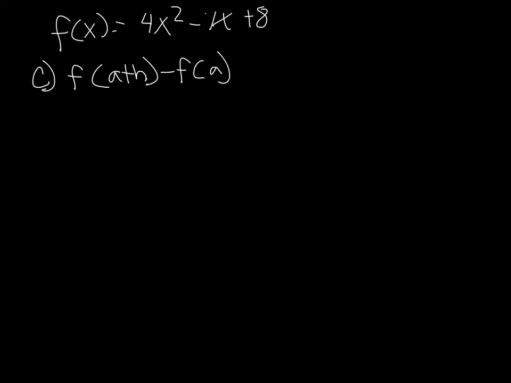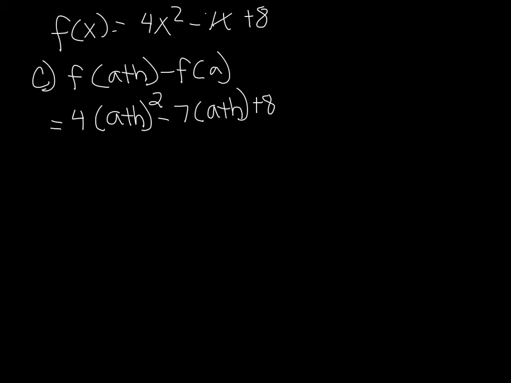Okay, so what we do here is something very similar. So I first have to replace it with a plus h and then with a. So what that looks like here is this. You're going to have 4 times (a plus h) squared minus 7 times (a plus h) plus 8.